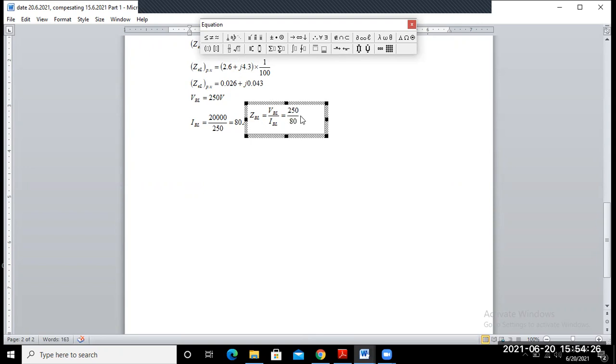So this one equal to how much? 3.125. So 250 divided by 80 equal to 3.125. Okay.